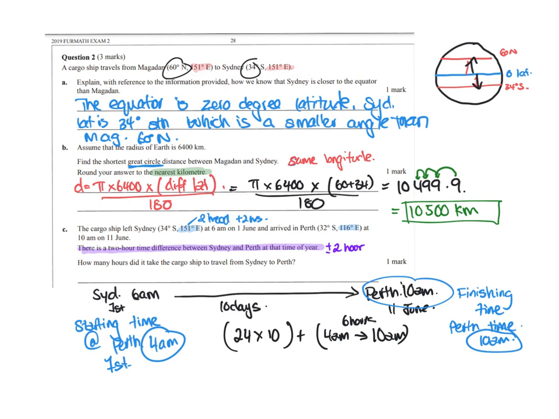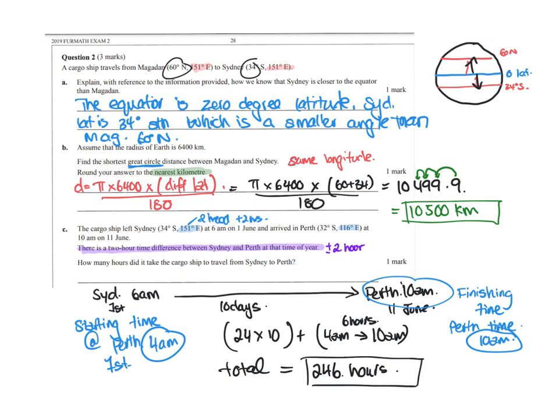So we've got to add another 6 hours. So you can see that the total hour difference will be 246 hours.